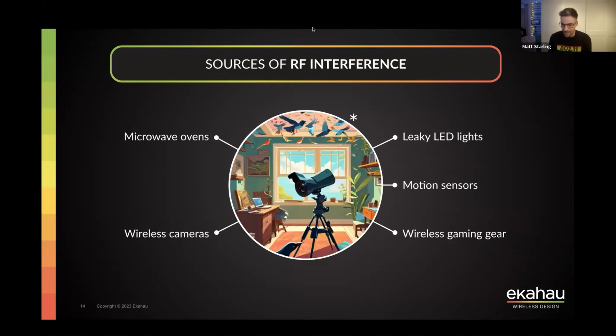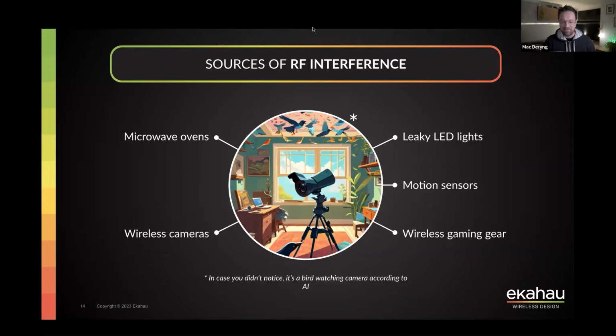I was like, since when do telescopes interfere with RF? And then Mac was like, oh no, come on, clearly this is obviously a bird watching camera. And I was like, well, clearly it's not that obvious, because a lot of people in the chat agree with me that it looks like a telescope, not a bird camera. But you have birds on the ceiling and whatever. Oh, there we go. My little star and description is back on the screen.